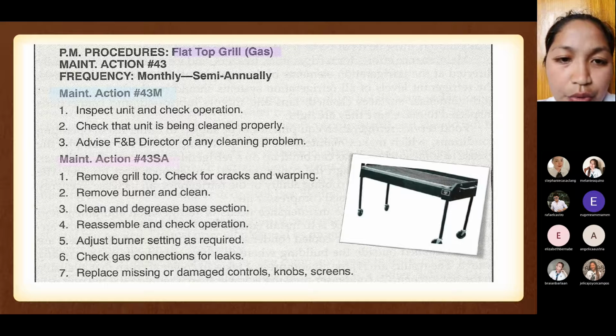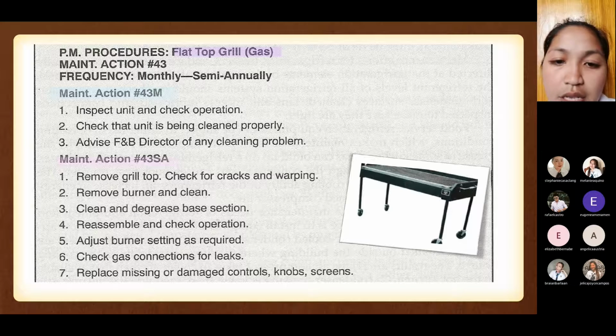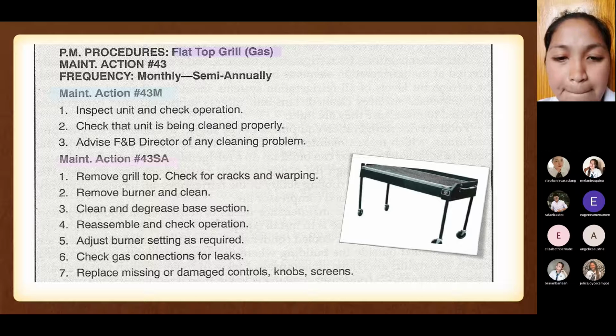Another step, remove grill top, check for crack and warping, remove burner and clean, clean and degrease base section, reassemble and check operation, adjust burner seating as required, check gas connection for leak, and the last one, number 7, replace missing or damaged control knob screen. That's the proper cleaning of maintenance equipment.